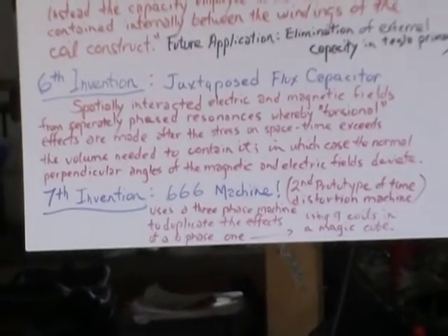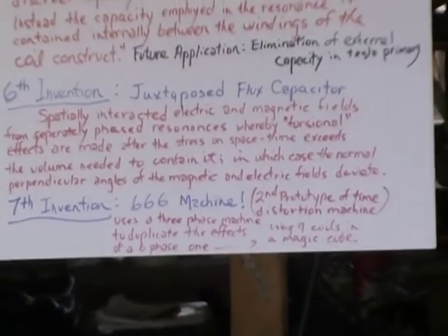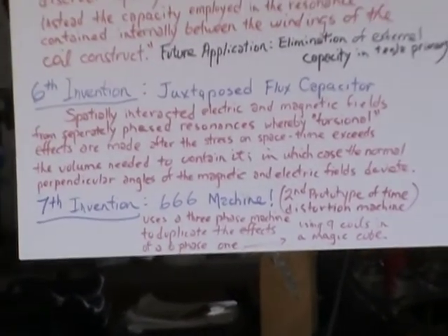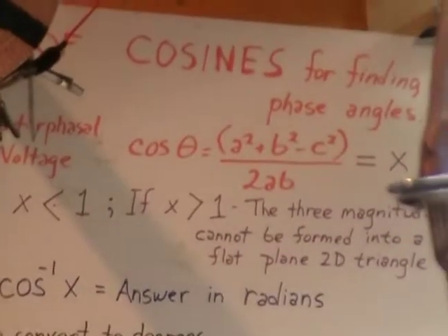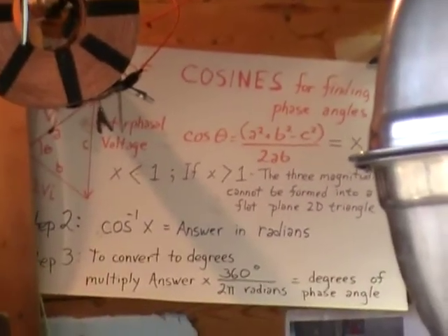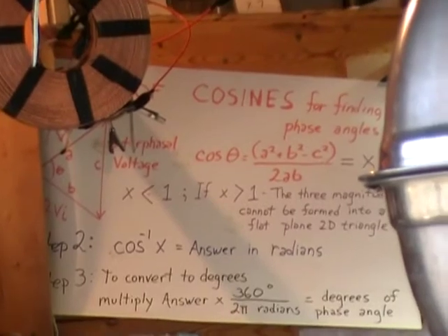However, we don't need to use that for a power source, but just to demonstrate what's involved with this thing, we're going to go over here and look at the law of cosines. And the law of cosines is used to determine phase angles. And we're going to go over there and turn the machine on real quick.